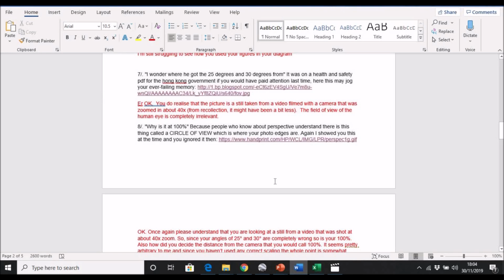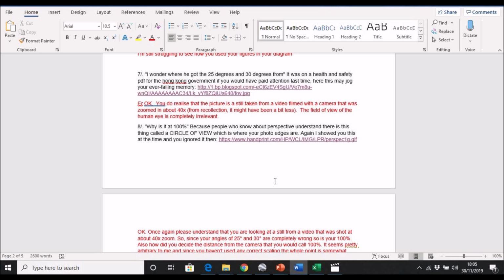As I say here, okay, you do realize that the picture is a still taken from a video filmed with a camera. And that camera was zoomed in I think about 40 times. That's the maximum optical zoom. It might have been less. I can't remember off the top of my head. I haven't gone to check.